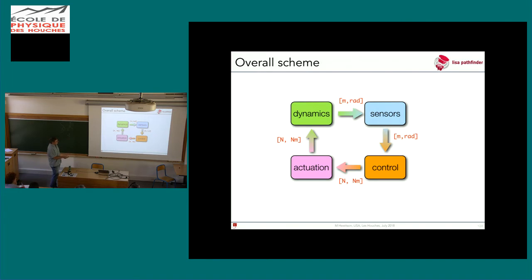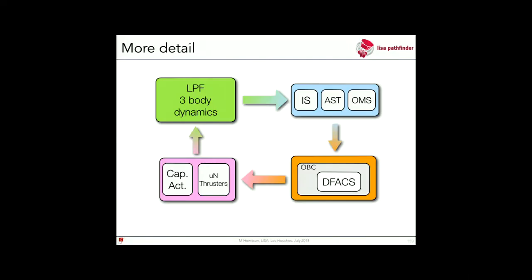You then feed those into a control system which produces a set of forces and torques which apply to your actuators. Those actuators then translate those forces and torques into real forces and torques on the bodies, and that produces dynamics. And you do that to keep that whole system stable in the way that I described before. So that's effectively how that works.